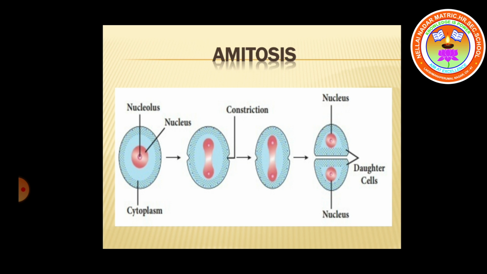During amitosis, the nucleus elongates first. In the first picture you can see the nucleus gets elongated and then a constriction appears in it, which deepens and divides the nucleus into two daughter nuclei.